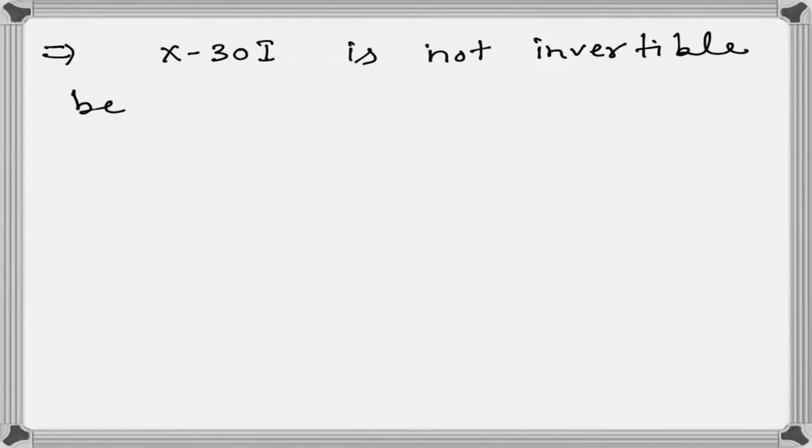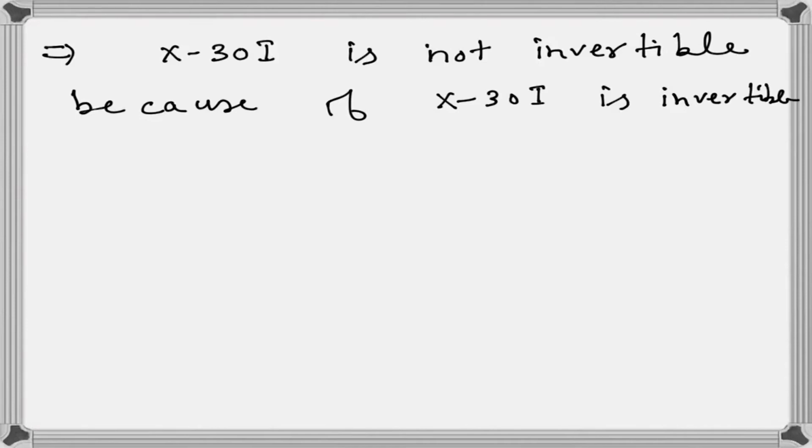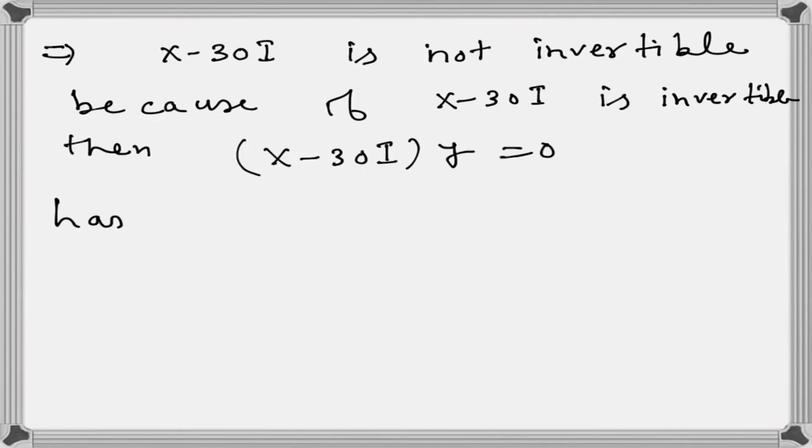Because if X minus 30I is invertible, then (X minus 30I)Y equals 0 has only the 0 solution.